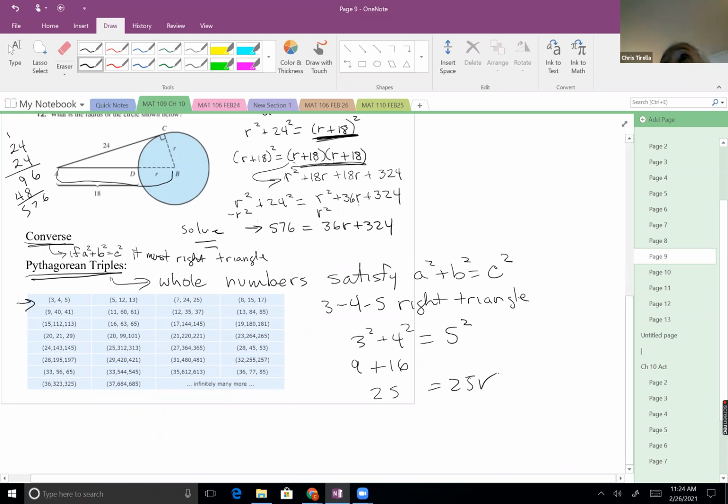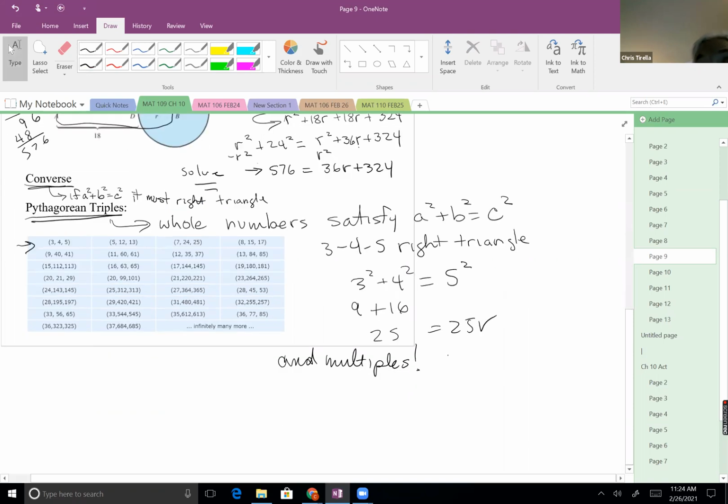But what's cool with these triples is it's not just those numbers, but it's also their multiples. So what do I mean by multiples? If I look at that 3, 4, 5, if I multiply by 3, for example, I would have 9, 12, 15.